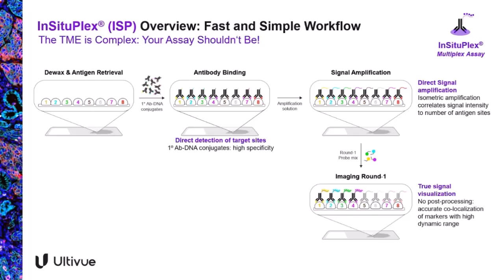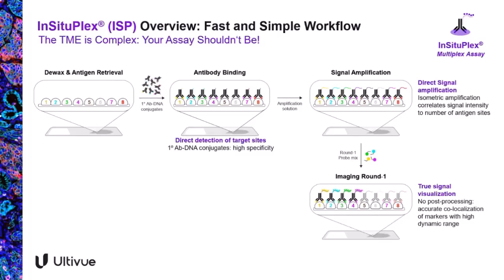And then the actual readout phase starts, and that one is cyclic. We on purpose always go in rounds of 4, and the idea was to enable a multitude of different scanners that support 5 colors, and to also avoid any computational spectral unmixing steps that can also be complex. Here we add 4 probes with 4 different colors and do an imaging step.